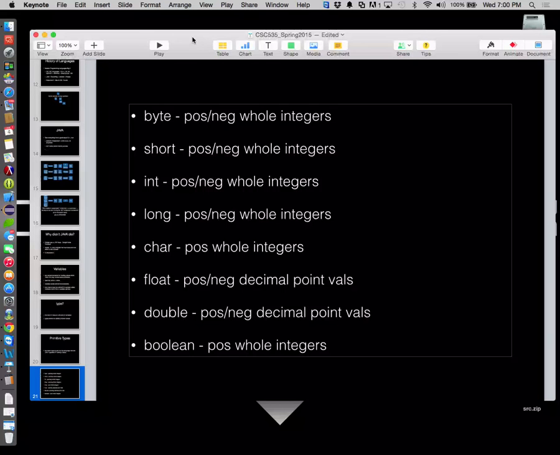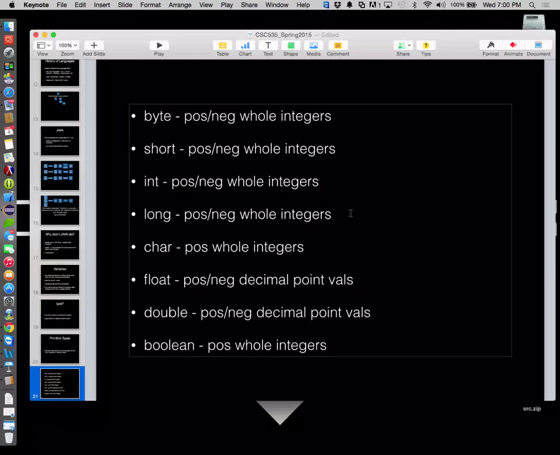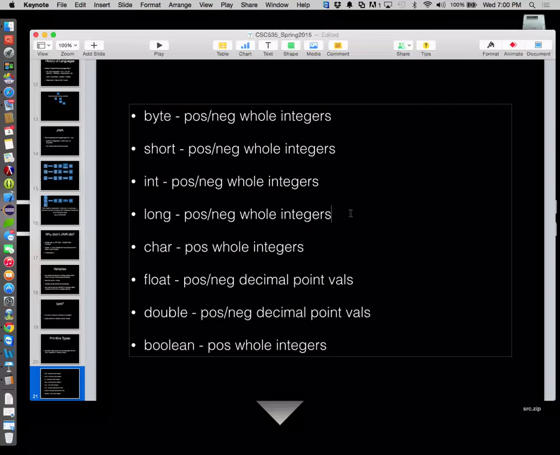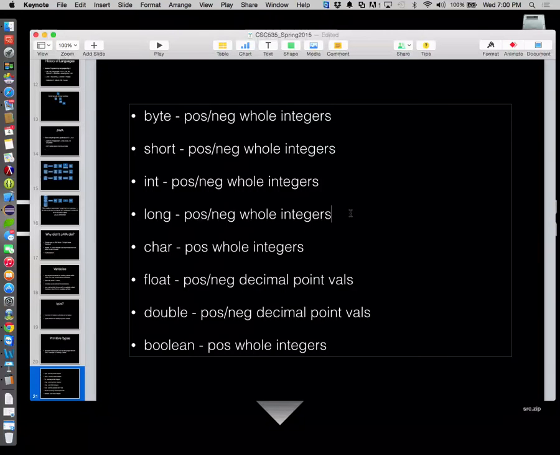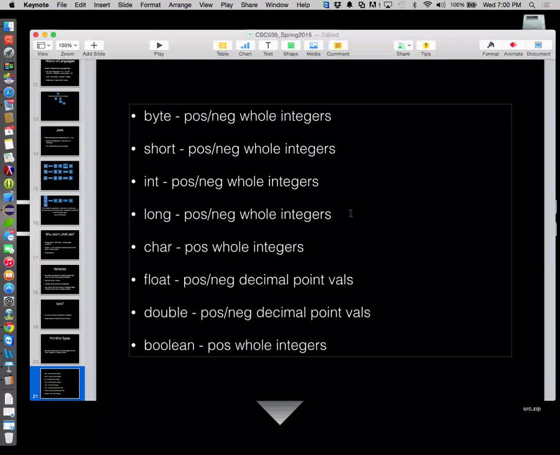All right. Now, all these different ways of holding positive and negative whole numbers are left over from a much older era. An era when C was created as a programming language for making operating systems that provided tools for programmers who were trying to be good stewards of memory.